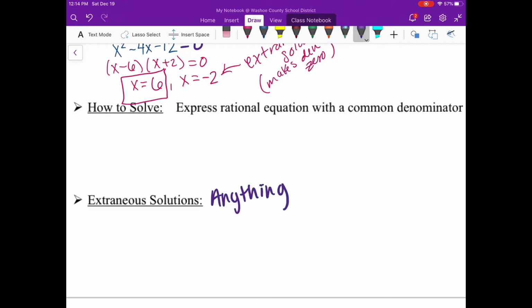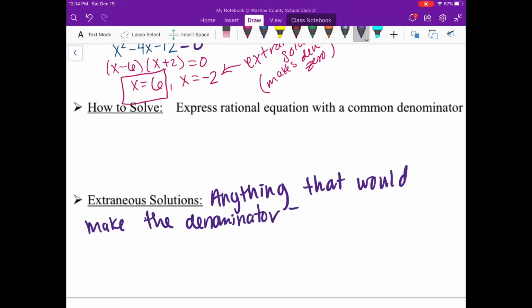An extraneous solution is anything that would make the denominator equal to 0, or an untrue statement.